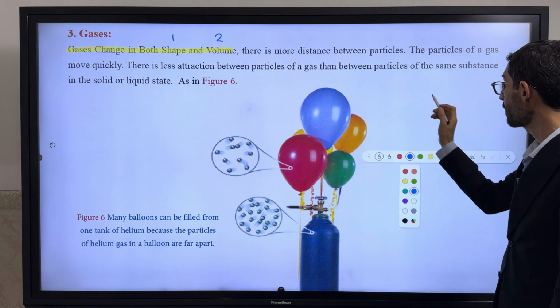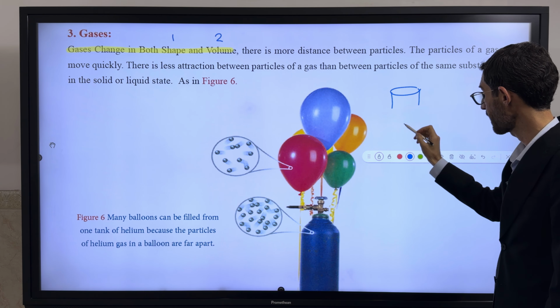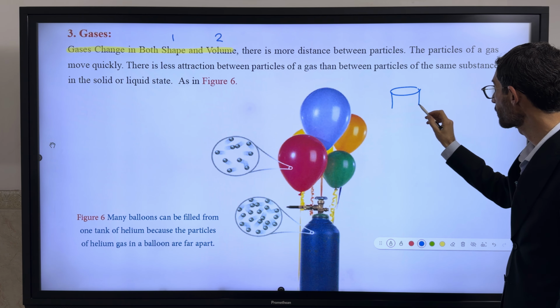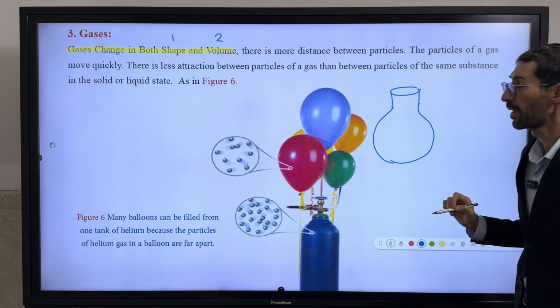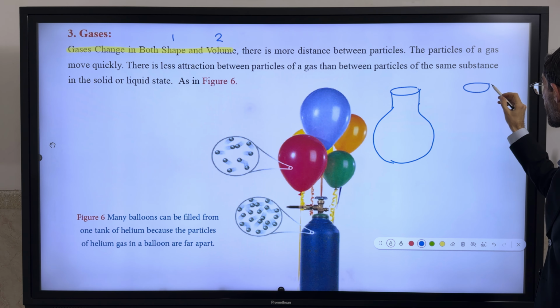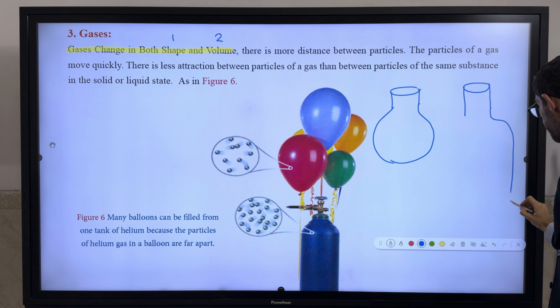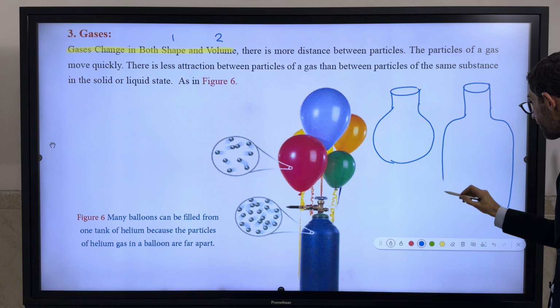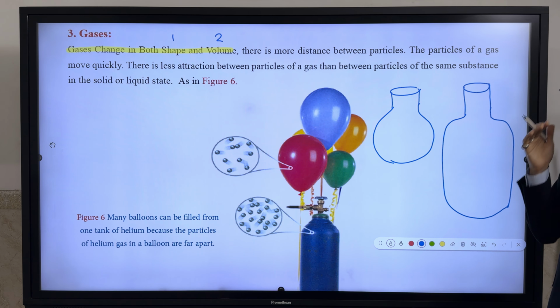Let me draw it for you. So, for example, we have a gas tank like this. This is the first gas tank. Another one is larger than this one, right? For example, another one is like this. So we have two gas tanks with different volumes.